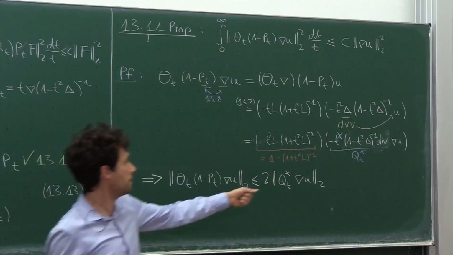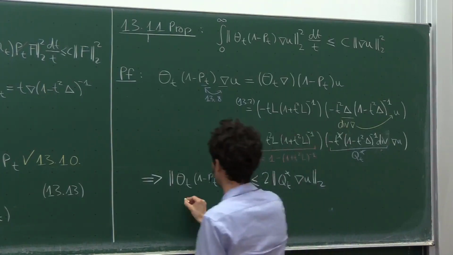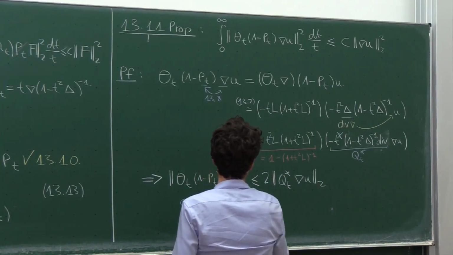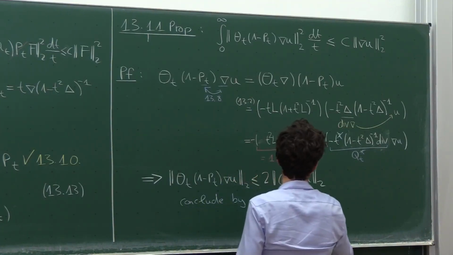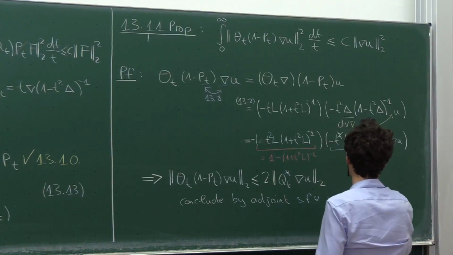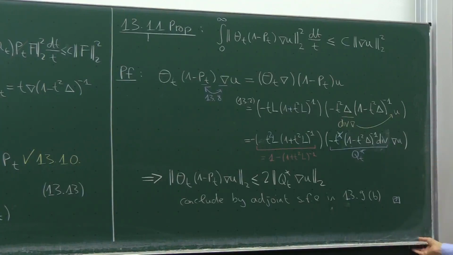The square function of this guy is already bounded, so I'm done. So conclude by the adjoint square function estimate in 13.9 part B. And that's the proof.